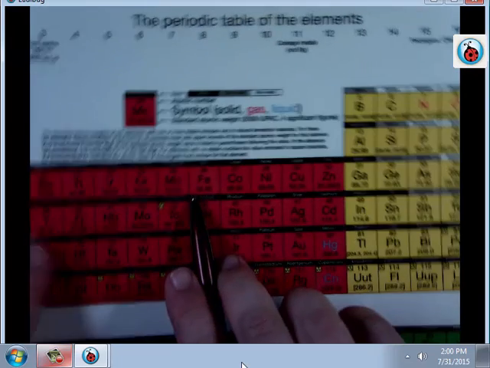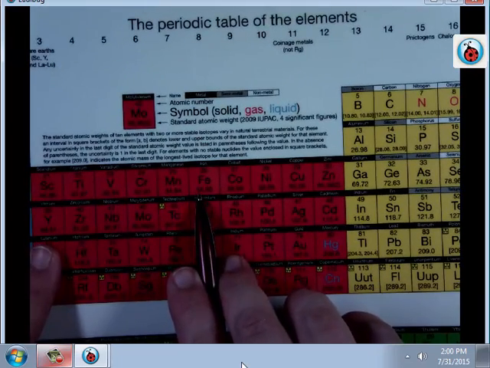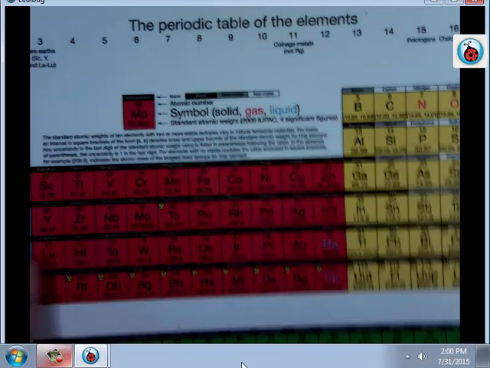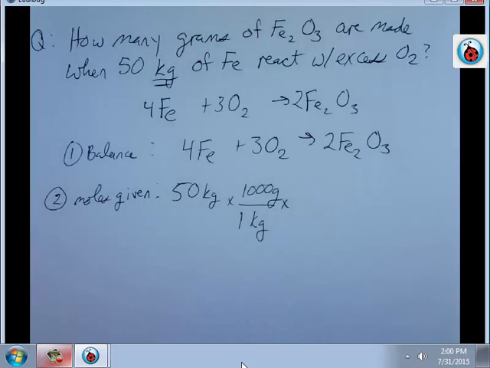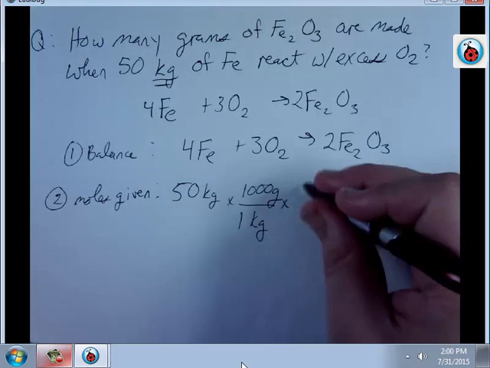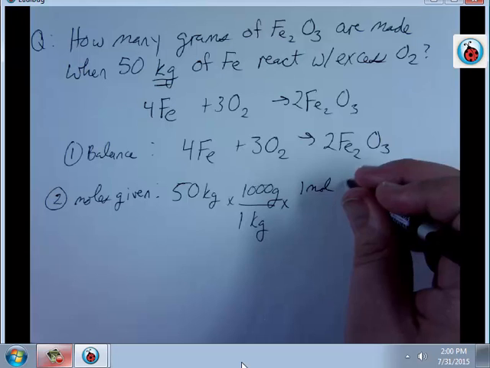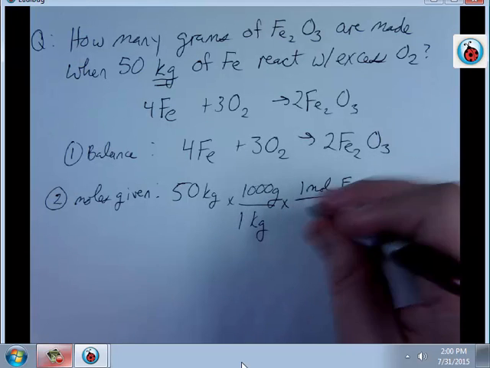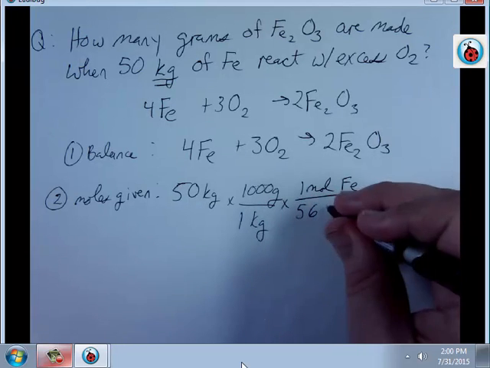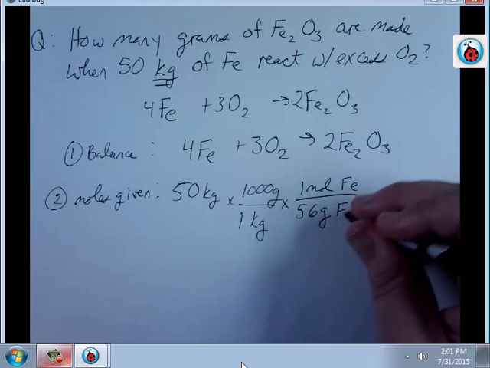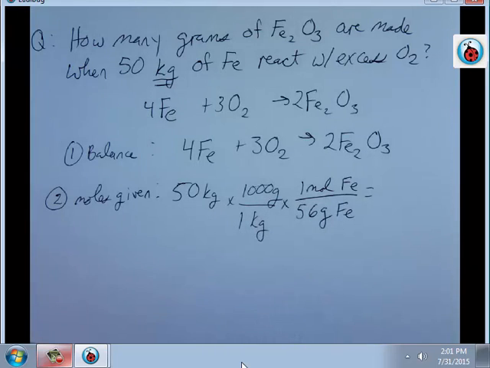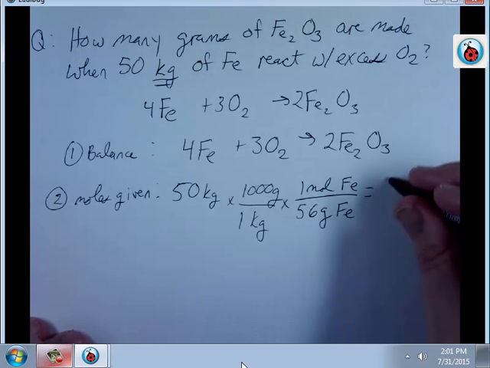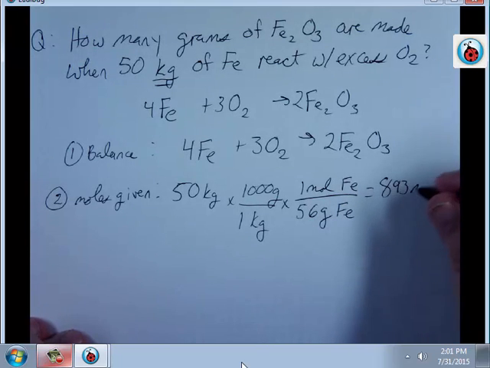Here's Fe, and a little hard to see because it's in the red there, but it's about 56 times 1 mole of Fe for every 56 grams of Fe. And when I do all that out, I get 893 moles of Fe.